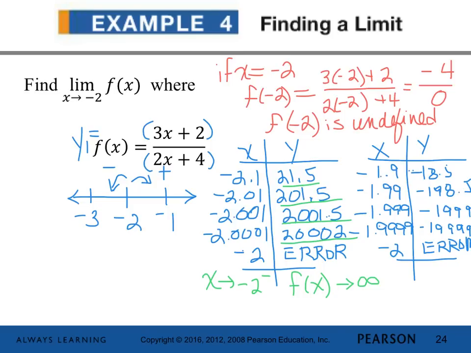But then as x approached negative 2 from the positive side, negative 1.9, negative 1.99, negative 1.999, negative 1.9999, f of x got more and more negative.